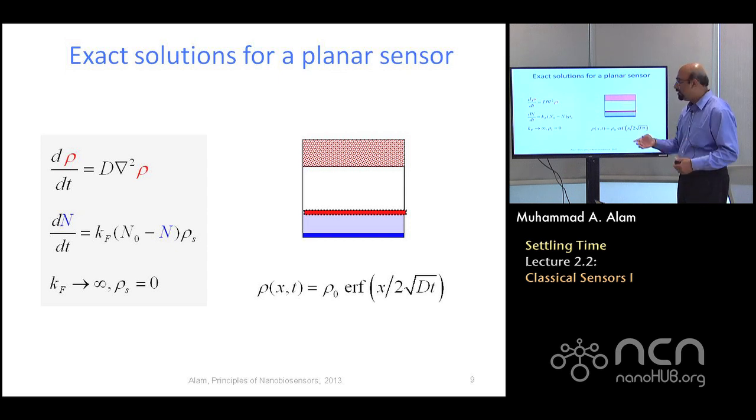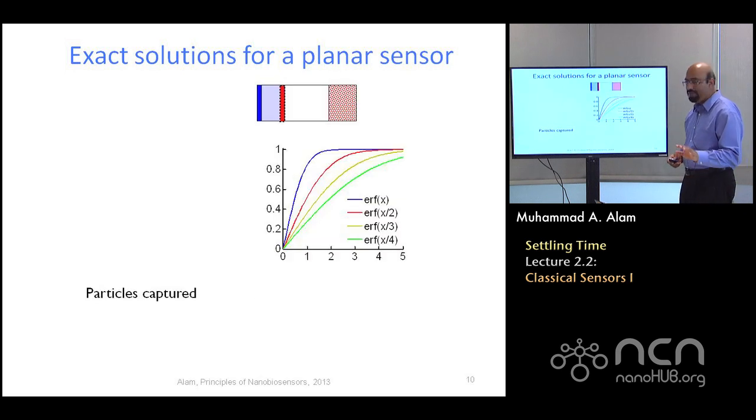If you have more, density is more, then you will catch more at a given time. And it's given by some error function, and with the square root of Dt. If it diffuses slow, of course, the number of molecules will be slightly different. For the time being, let's not worry about it because I'm going to show you a simpler way of doing it. I'm just showing you exactly how you could solve the problem if you wanted to.